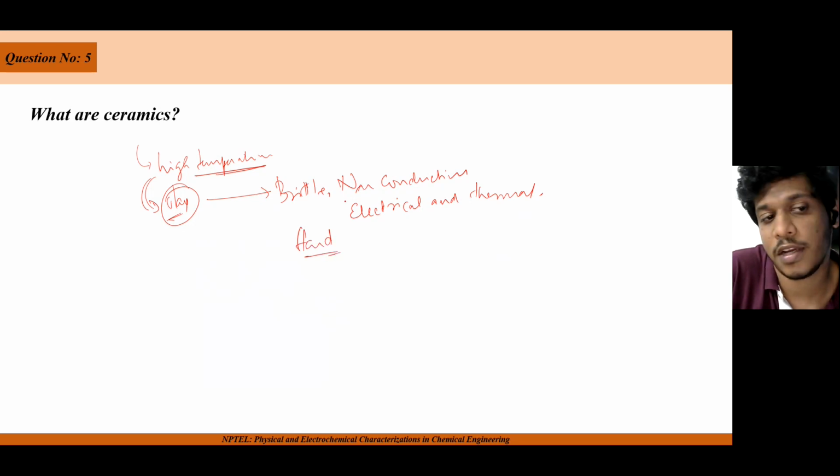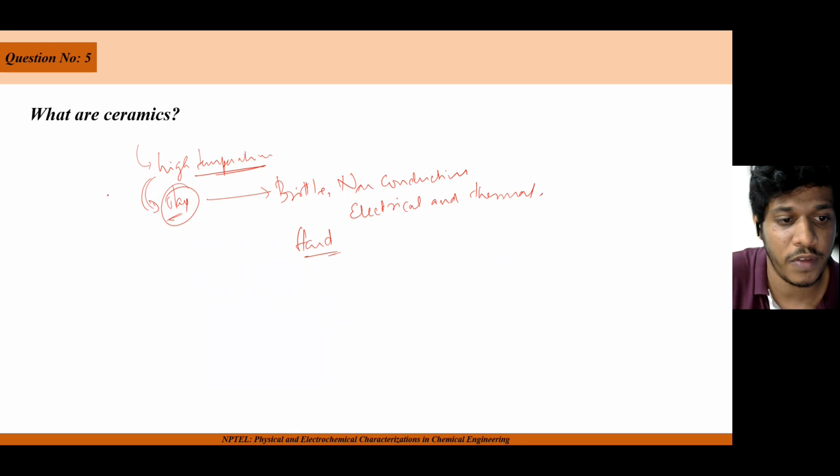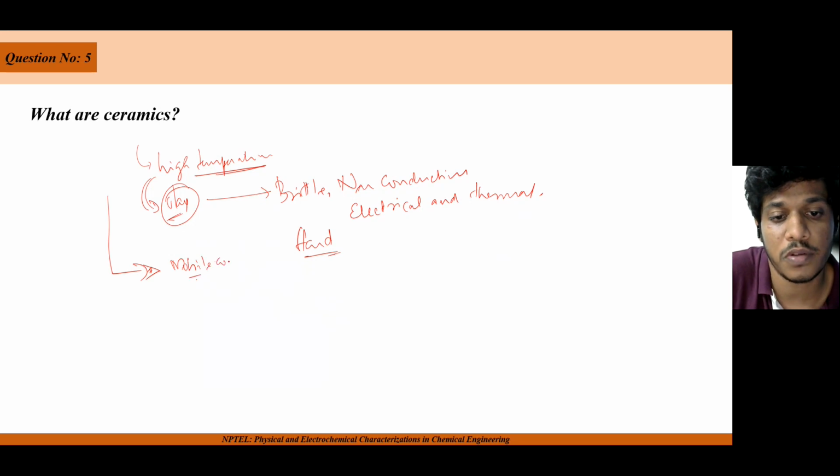These are the basic ideas of ceramics. They have very profound uses in different fields. Now you can see even mobile phones come with ceramic coatings on their back because they are hard. So this is also one of the most studied materials.